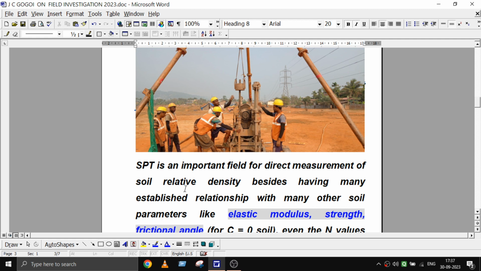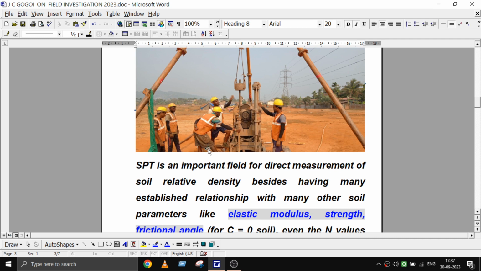If someone is interested to carry on some research work, SPT, DCPT, and SCPT, all these are essential. The vane test also, for comparative study, is essential. Minus the academic and research purposes, for me it has no purpose at all.